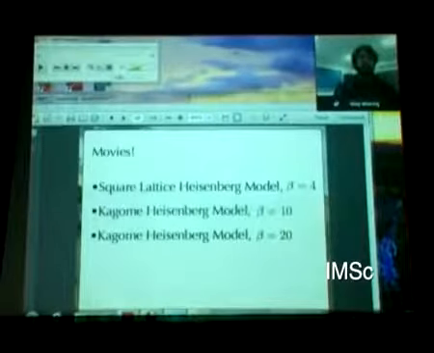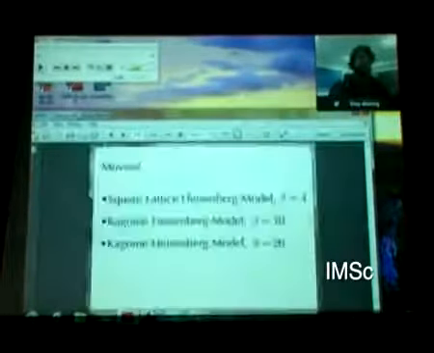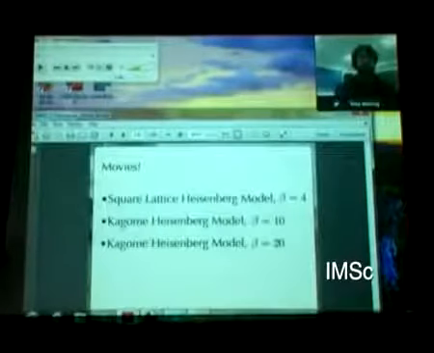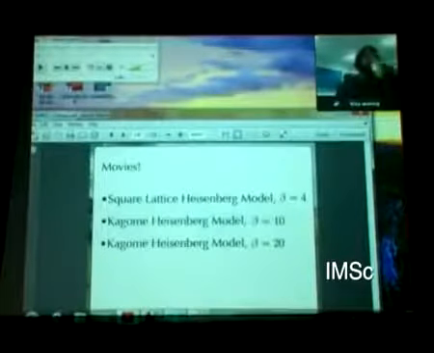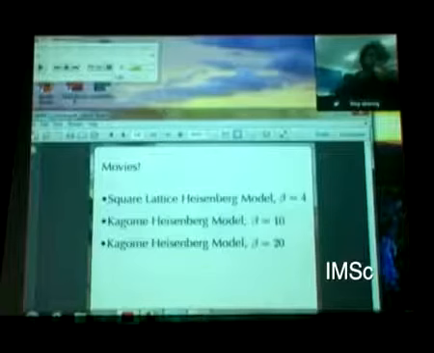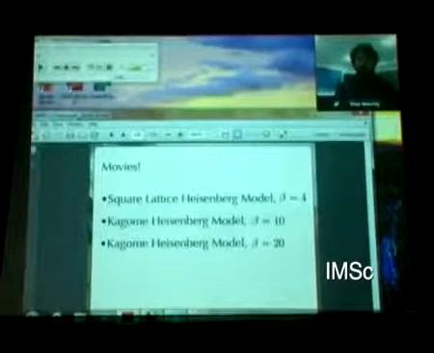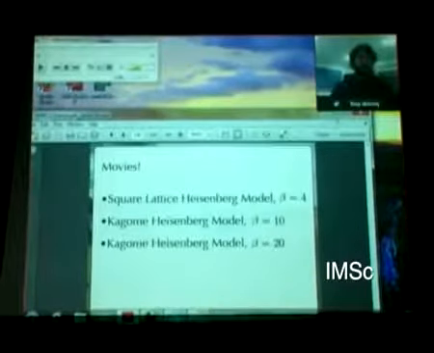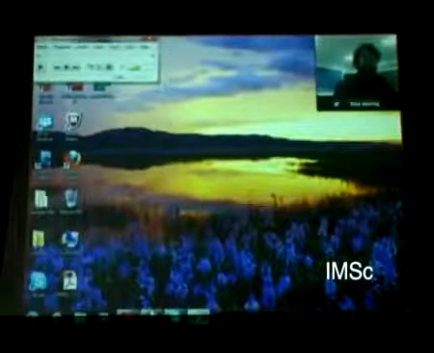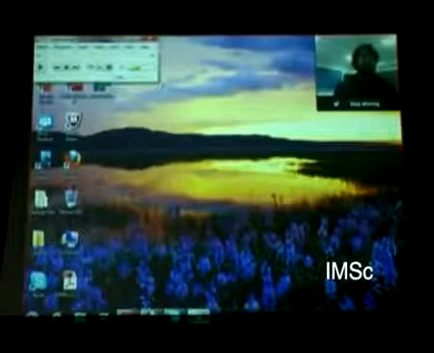I have a question. In the movie, you see spins which are moving. Are they the intermediate factored states? Oh, good question. Those are actually the spin measurements themselves.